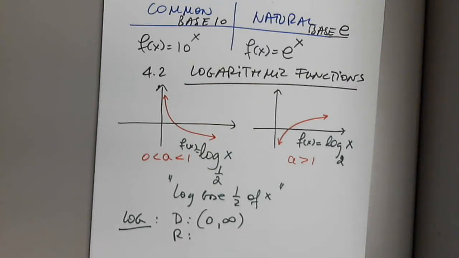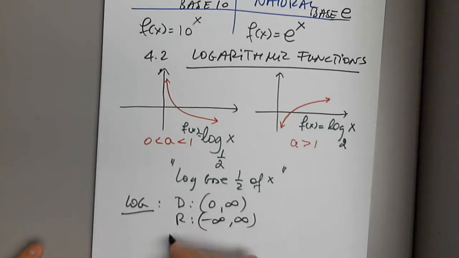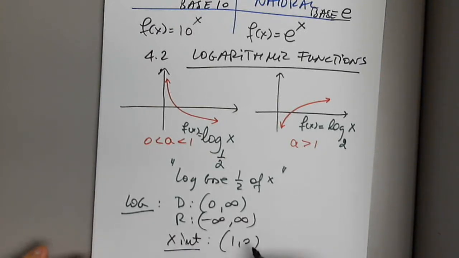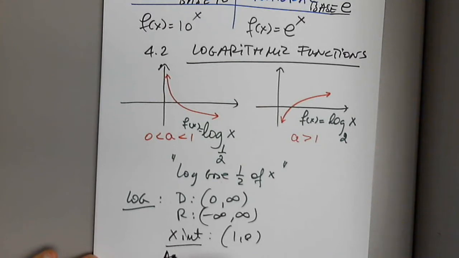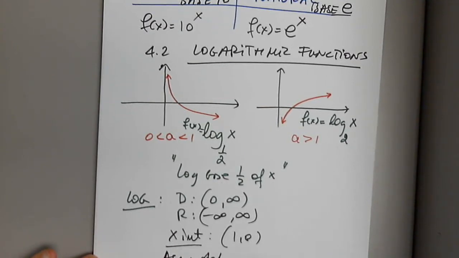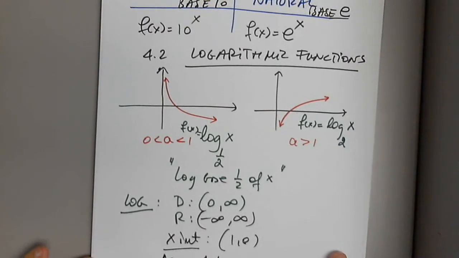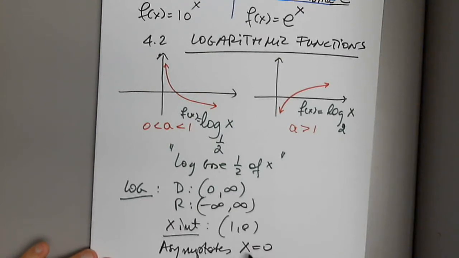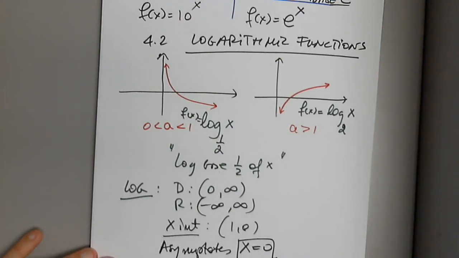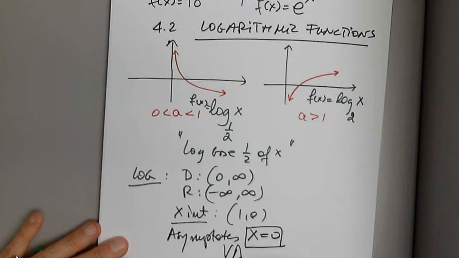It must be the domain of the exponential function. Range, all the numbers. X-intercept. X-intercept. Very good. Because the exponential had 0, 1. This will have 1, 0. Awesome. Asymptotes. X equals 0. Very good. X equals 0 is the vertical asymptote.